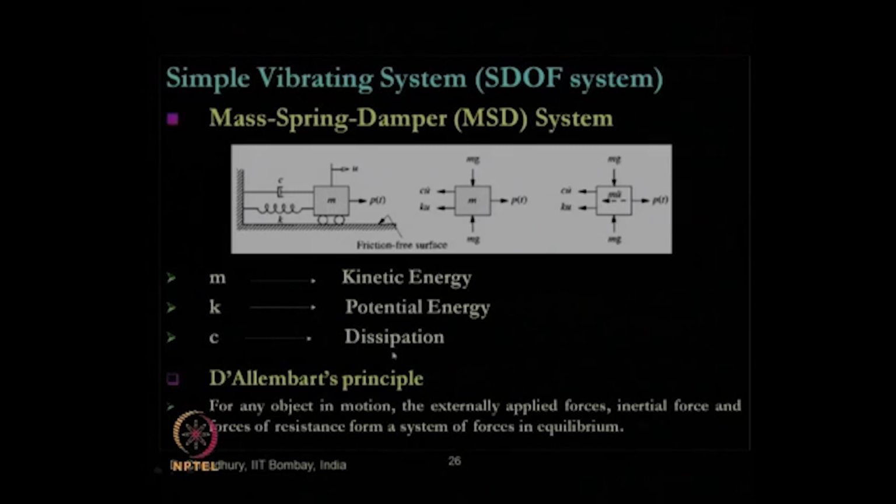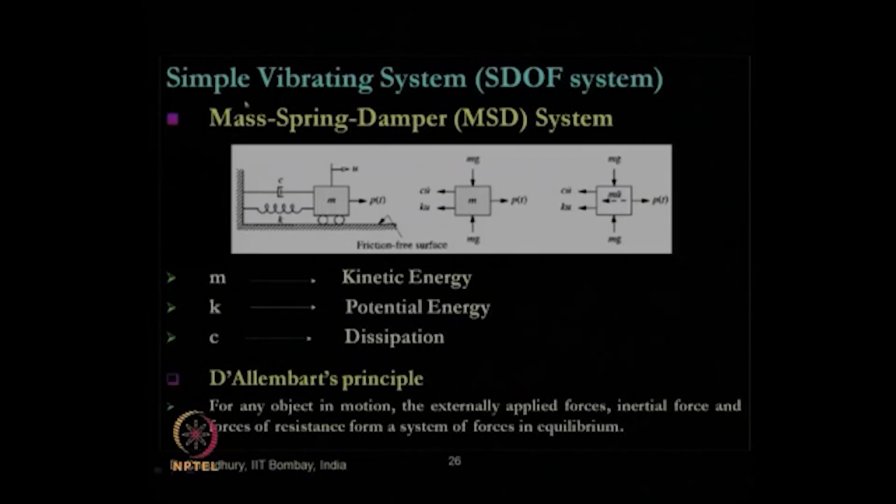That dissipation or loss of energy can be represented through this damper, this C. That dissipation is also necessary, which is produced through this damper, or dashpot, another name we use.